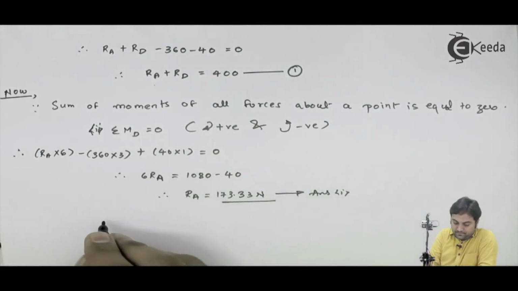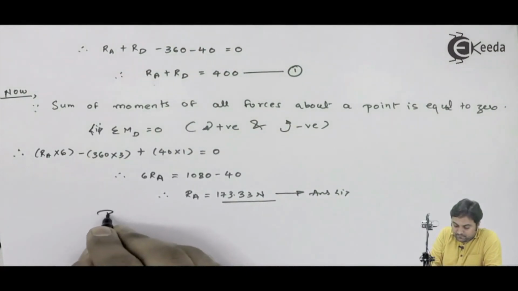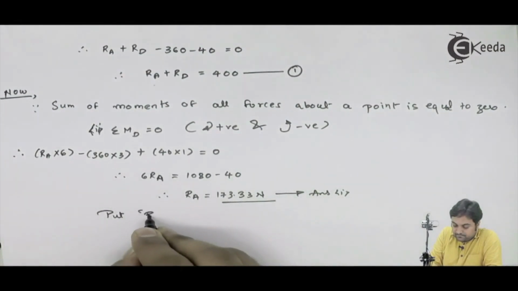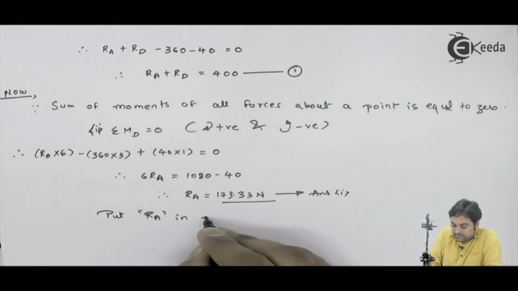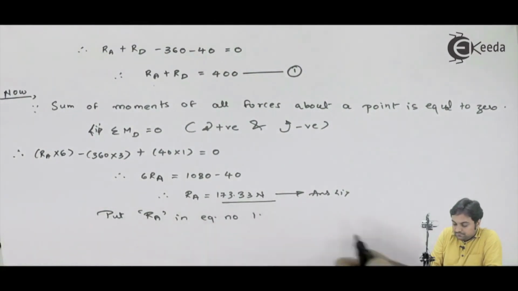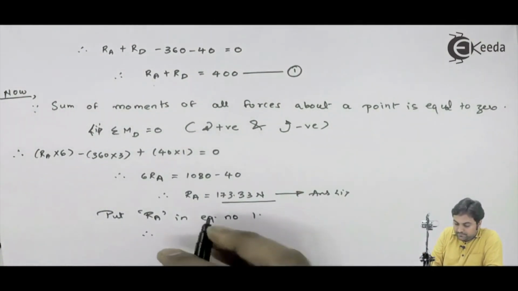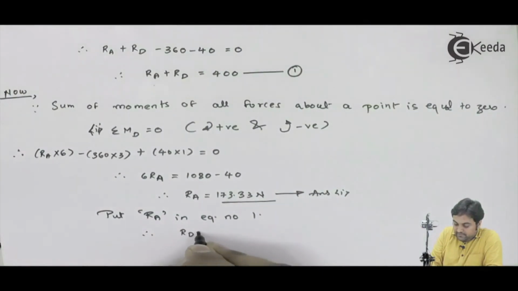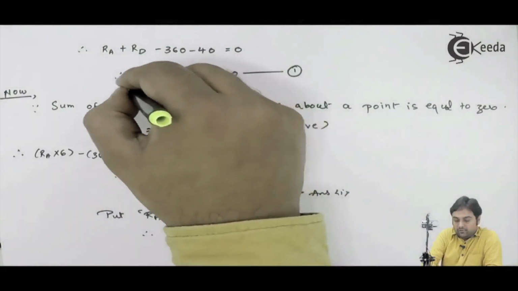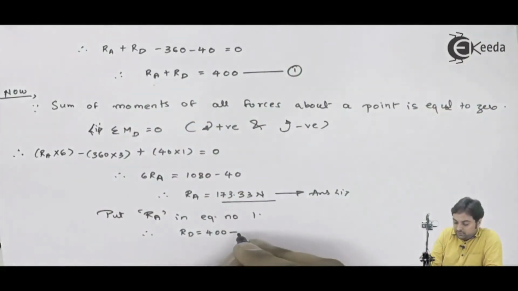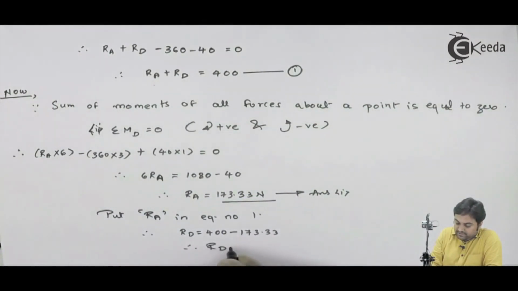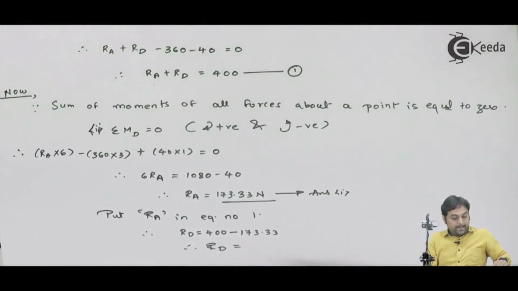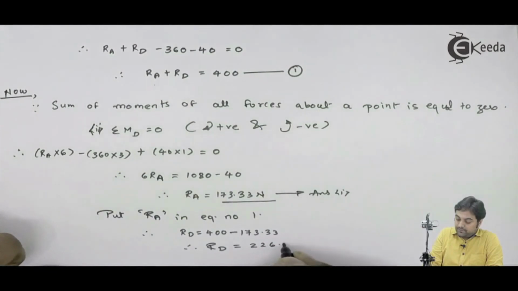Now after getting Ra, I put Ra in equation number 1. Therefore, Rd will be equal to 400 minus 173.33. Hence, the Rd value comes out to be 226.67 Newton.